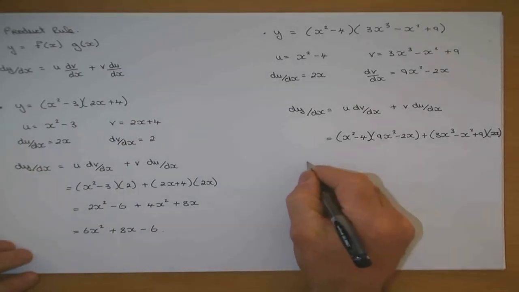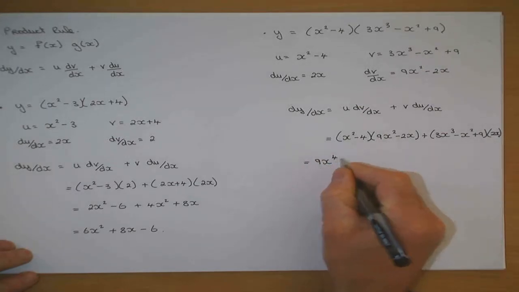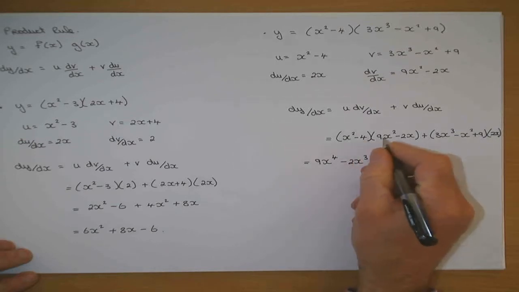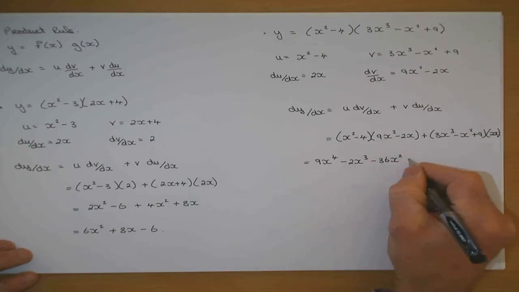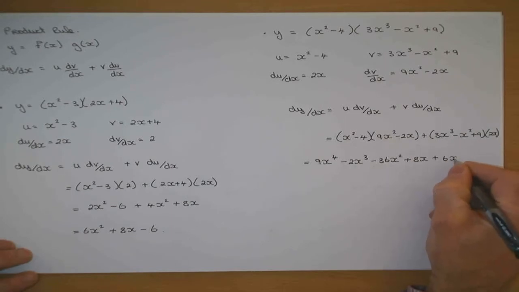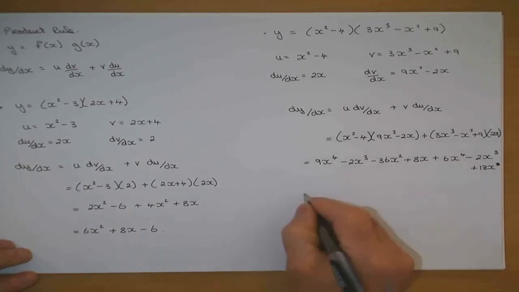So that's equal to x squared by 9x squared, 9x to the power of 4, and x squared by minus 2x cubed. Minus 4 9s are 36x squared, minus by minus plus 8x, plus 3x cubed by 2x, 2 3s are 6x to the power of 4, minus 2x cubed plus 18x squared, plus 18x, correct?